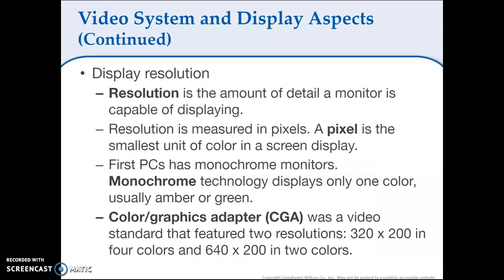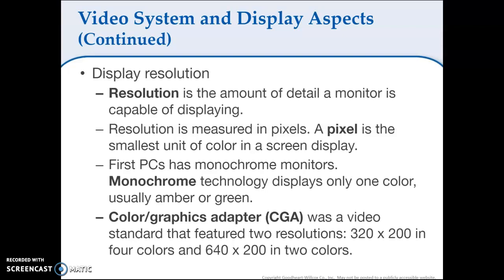Now, resolution is the amount of detail a monitor is capable of displaying. This is determined by pixels. The number of pixels that can be pushed through to a monitor or a screen is going to impact the resolution. A pixel is the smallest unit of color that a screen can display. The first PCs that we saw, way back when personal computers first started becoming household pieces of equipment, were monochrome.